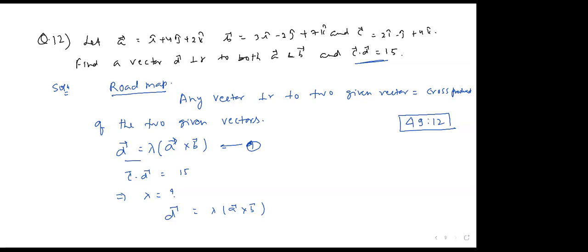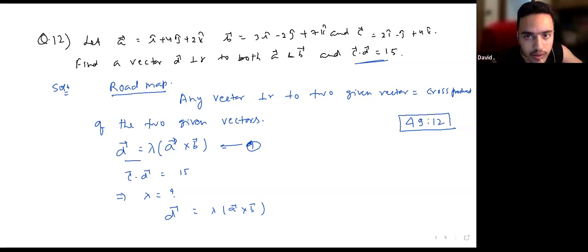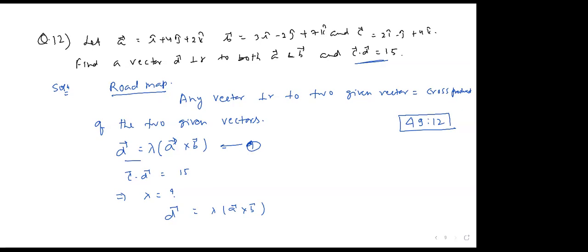You have to take the cross product of A and B. If a vector D is perpendicular to two given vectors, A as well as B, then D will be equal to A cross B. Here we have taken lambda A cross B. Lambda is a constant. You can take anything, K, mu, anything.